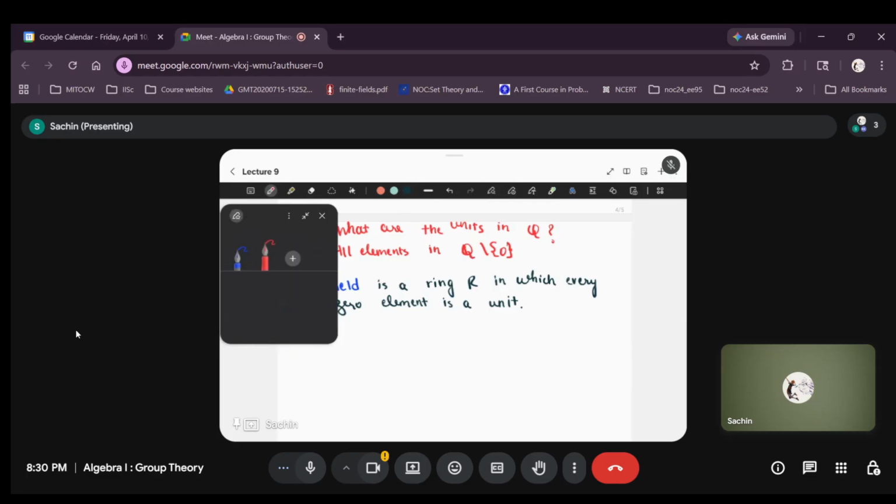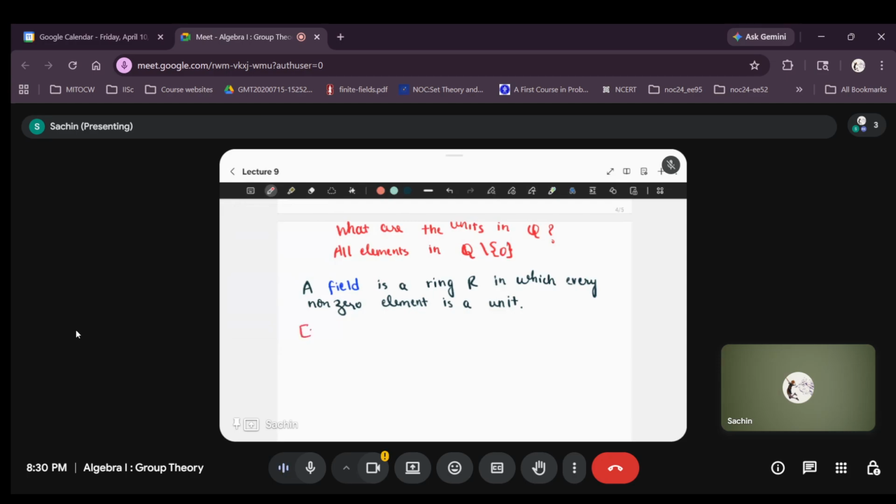Examples are Q, R, and C. Z fails to be a field. So Z is truly a model for ring structure, but it is not a field.